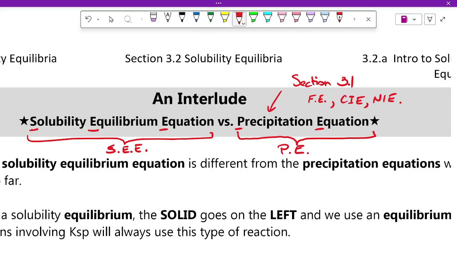When we did the solubility equilibrium equation, where did the solid go? It went on the left.